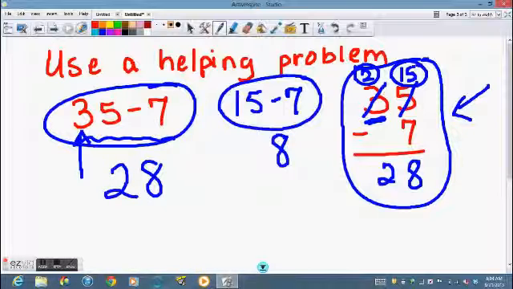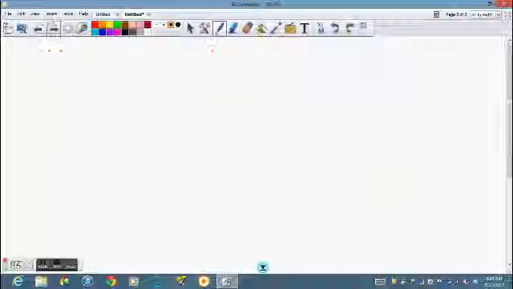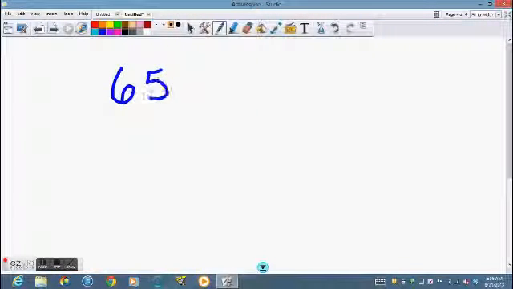So let's look at a couple more of those so we can make sure we understand how to do that. Alright, let's say that we were doing 65 minus 7. Now the helping problem is still going to be 15 minus 7, which is 8.